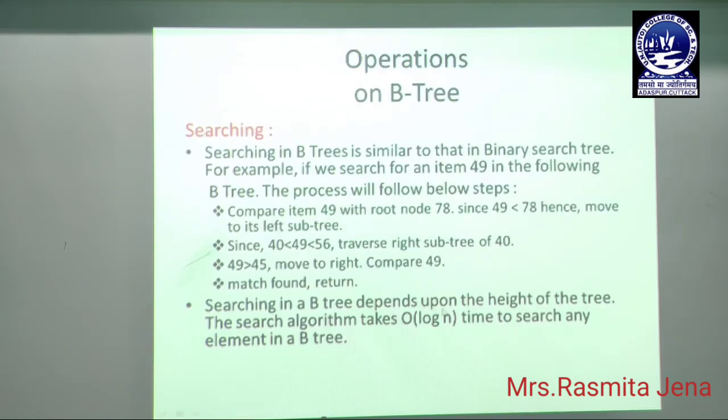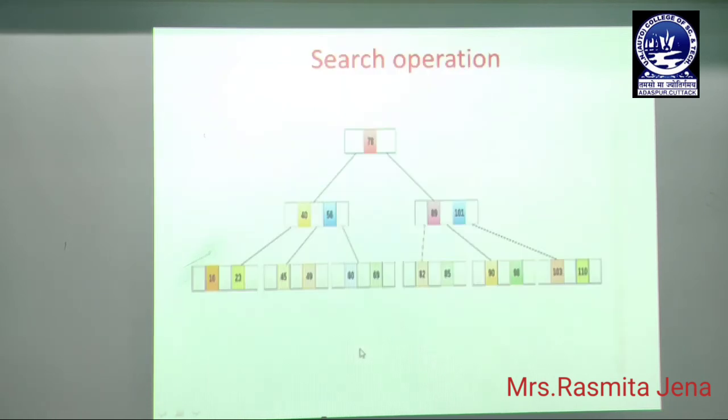Searching in a B tree depends upon the height of the tree, and the search algorithm takes order log n time to search any element in a B tree. So this is our searching process.